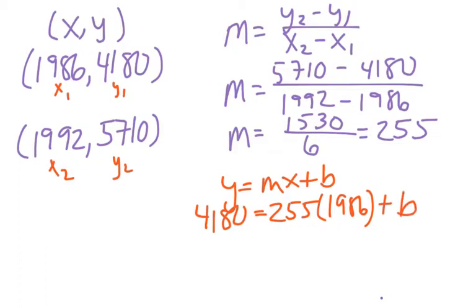This is where the 1986 is awful. It doesn't affect the slope calculation at all, but it's going to cause this number to be huge, which probably means it's a good place to stop with that.